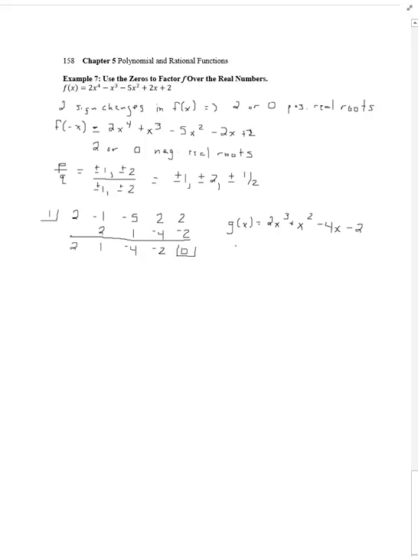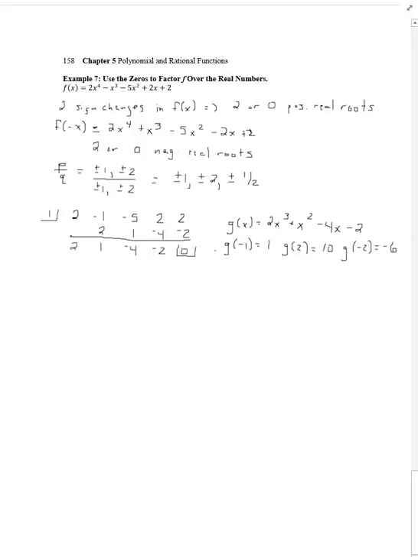So let's see, g of negative 1 is 1. That doesn't help us. G of 2 is 10. That doesn't help us. Remember, we need 0. G of negative 2 is negative 6.